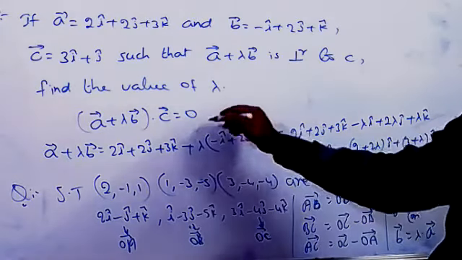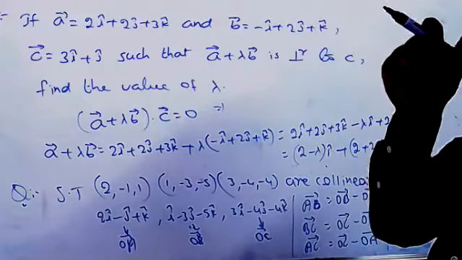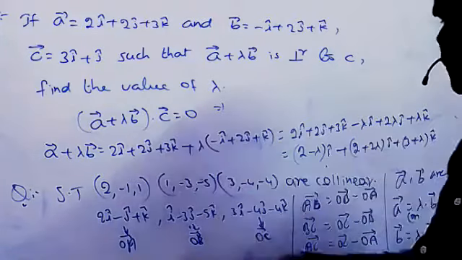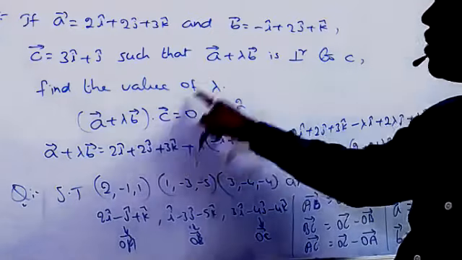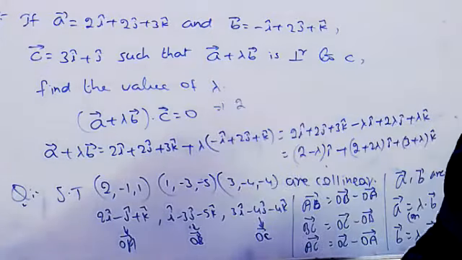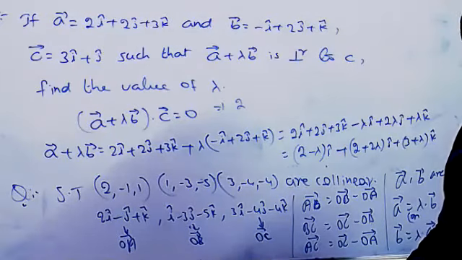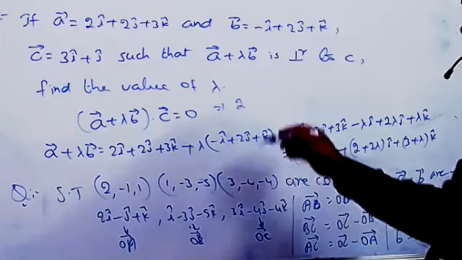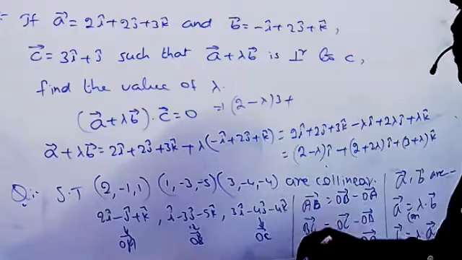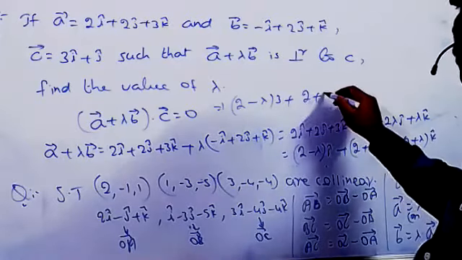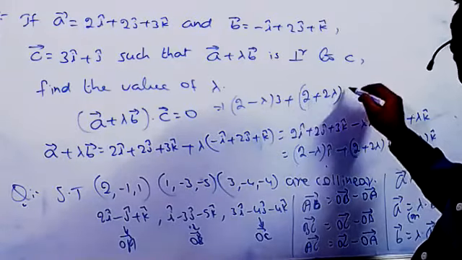Now this condition you can take. This is already clearly what we got. So I'm taking this one dot this one directly, meaning you multiply the scalar factors. So we get 2 minus lambda into 3 plus 2 plus 2 lambda into 1.